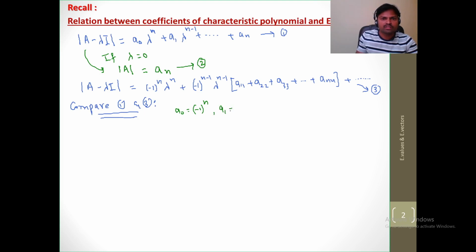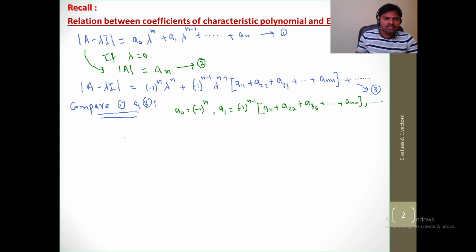Similarly, what is the a1 value? The lambda power n minus 1 coefficient is minus 1 whole to the power of n minus 1 into a11 plus a22 plus a33 plus up to so on ann. So these are the comparisons of coefficients from equation number 1 and 3.